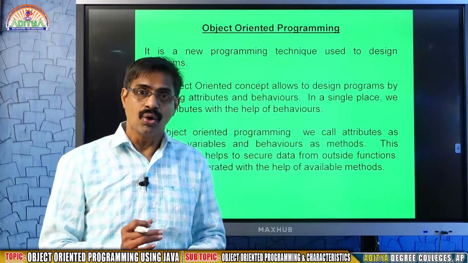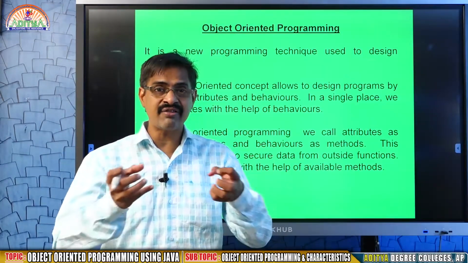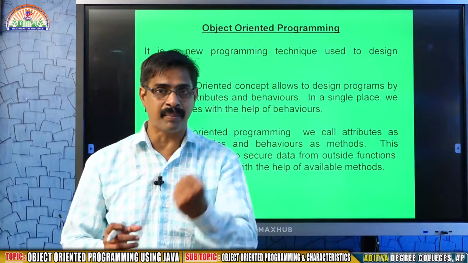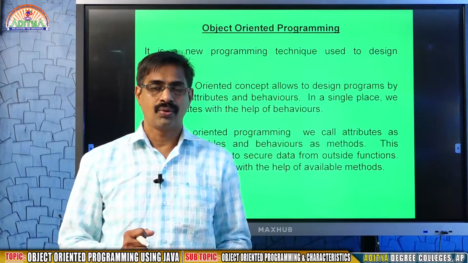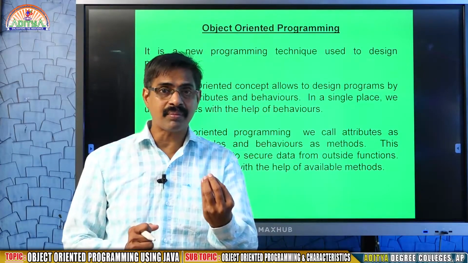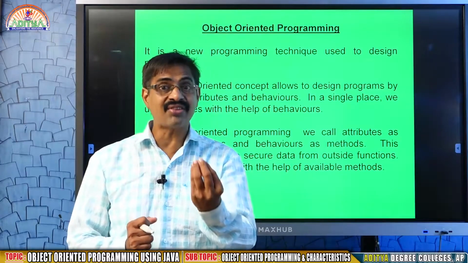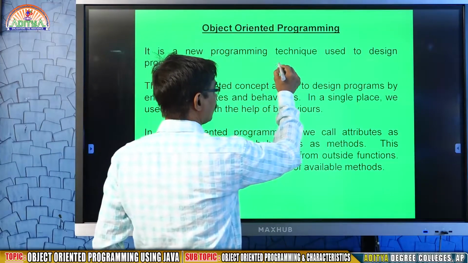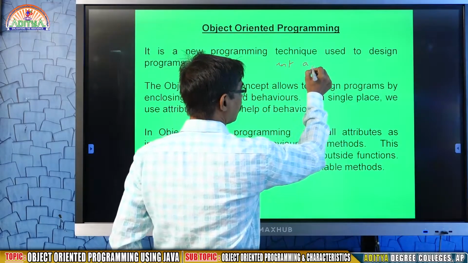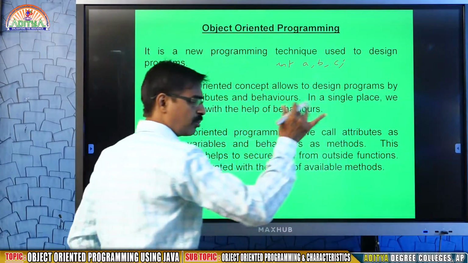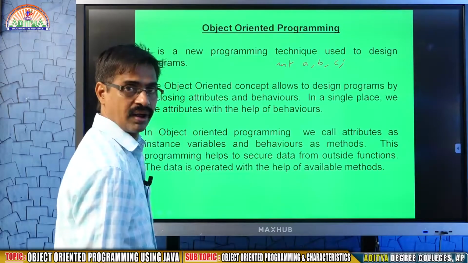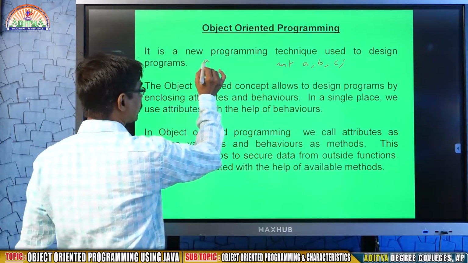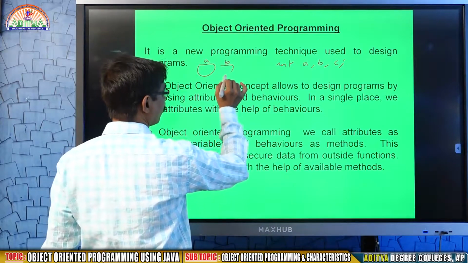So that we collect all individual variables under a name. We name it as object. For example, in C language, we write int a, b, c, of course float, double, whatever it may be. It means the system will create three locations, one for a, one for b, one for c.